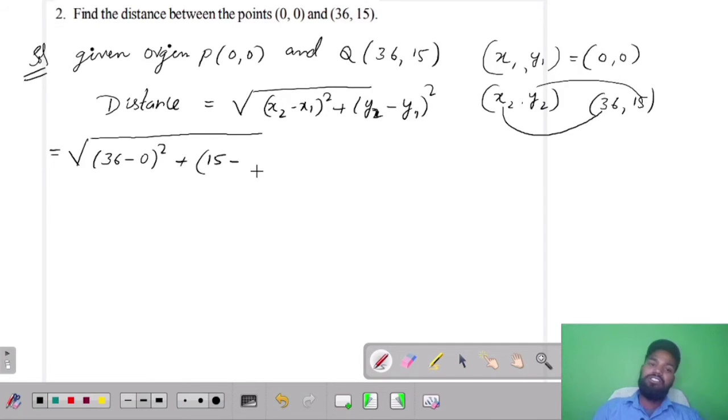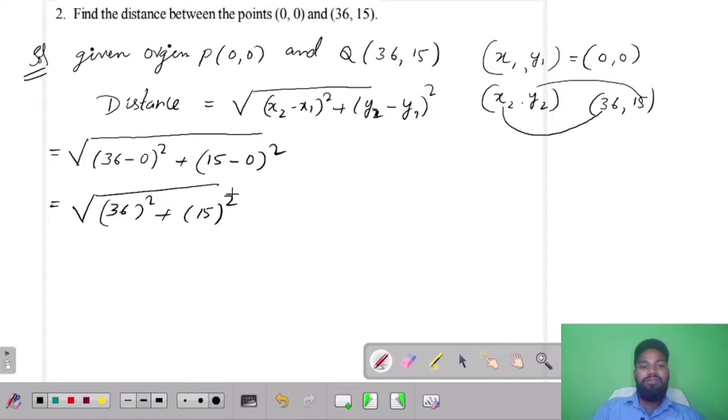which is 0, whole square. So that is nothing but under root 36 whole square plus 15 whole square. Now simply remember, what is reflecting here is your x2 square and y2 square.